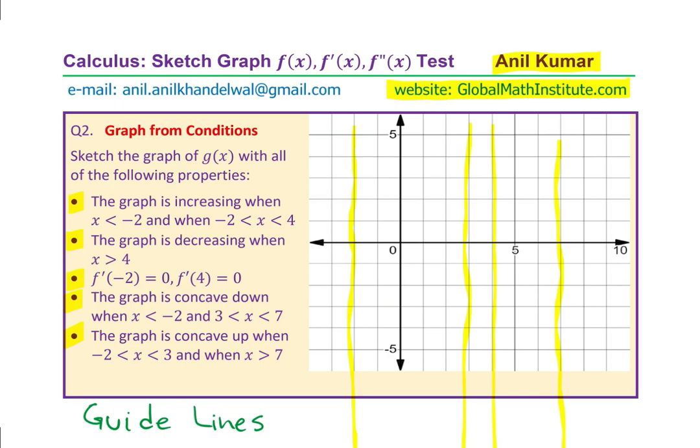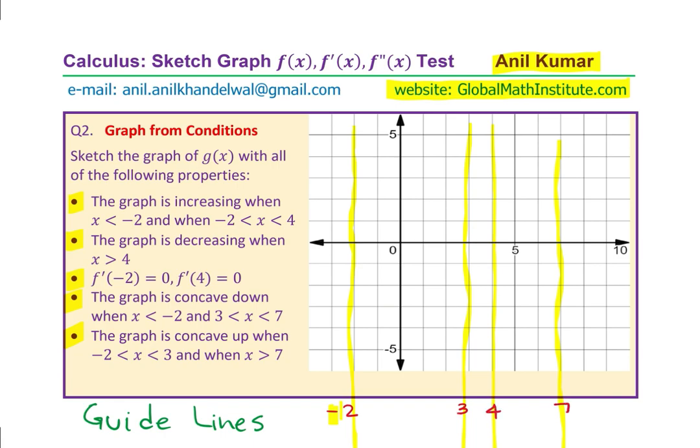What I've done is drawn lines at minus 2, writing it under the graph like a rough work, just to guide me in how I can solve such a question.